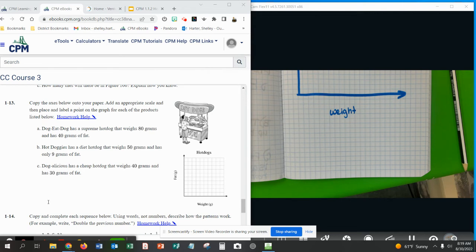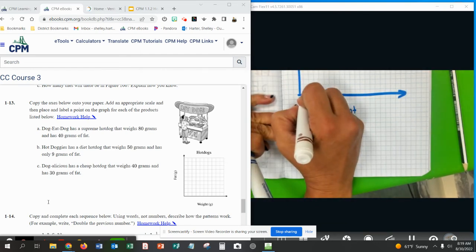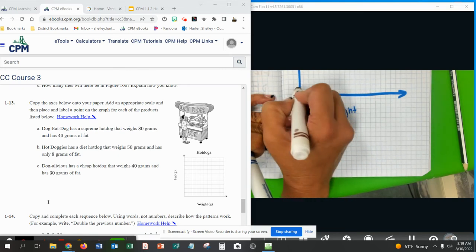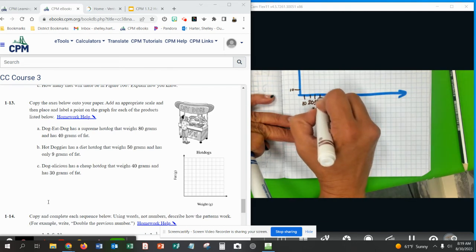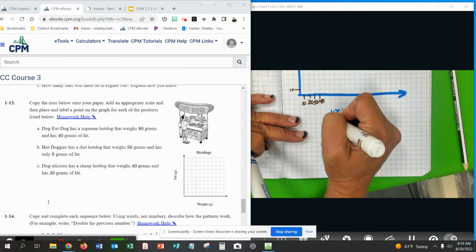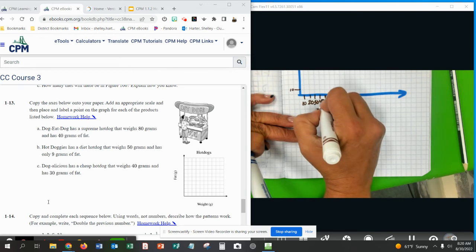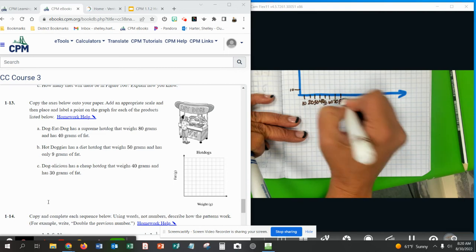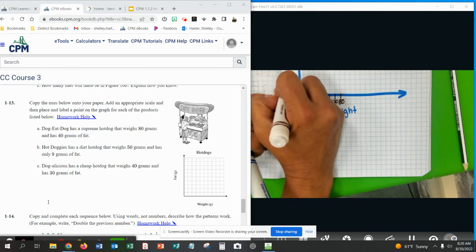So A, Dog Eat Dog has a supreme hot dog that weighs 80 grams and has 40 grams of fat. So you just need to label this. I would do it like this, 10, 20, 30, that kind of thing. And do the same here, 10, 20. Then for the weight, 40, 50, 60, 70, 80, and then you go 10, 20, 30, 40.